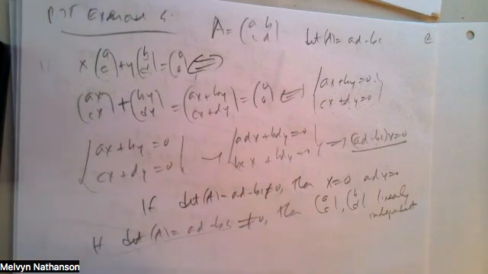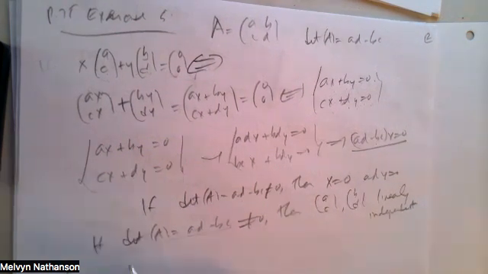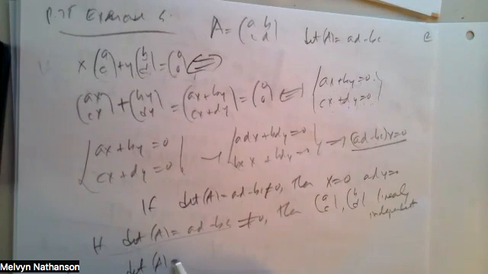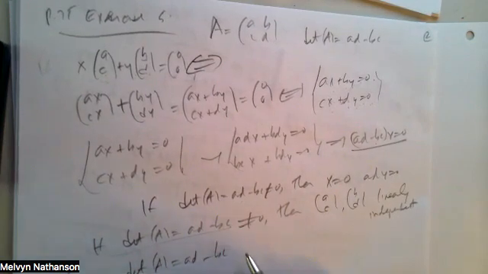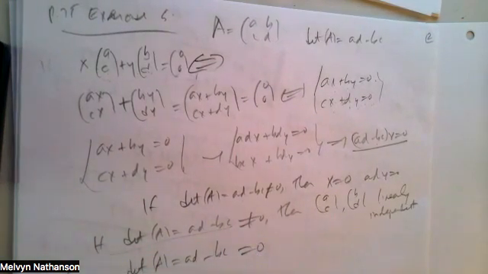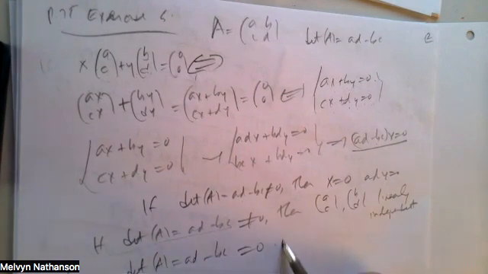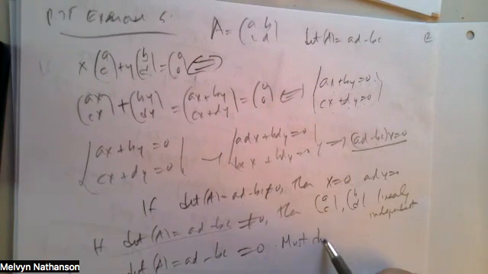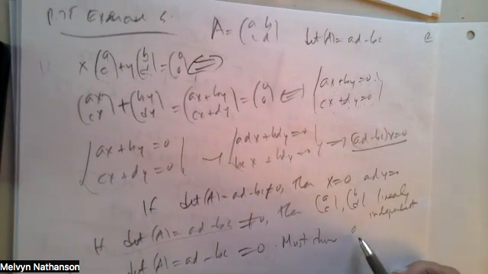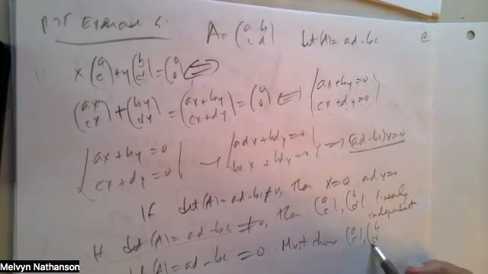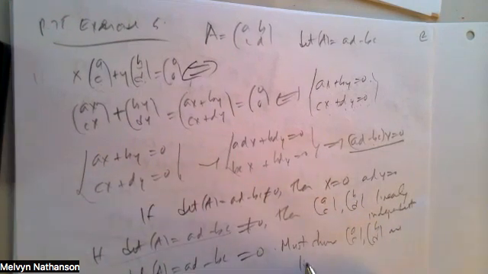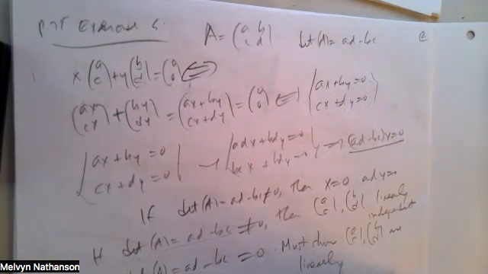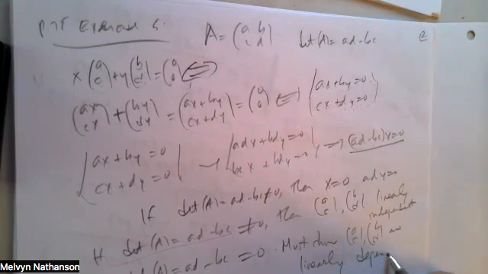But what about the opposite case? Suppose the determinant of A, which is AD minus BC, is equal to 0. We must show that the column vectors are linearly dependent.